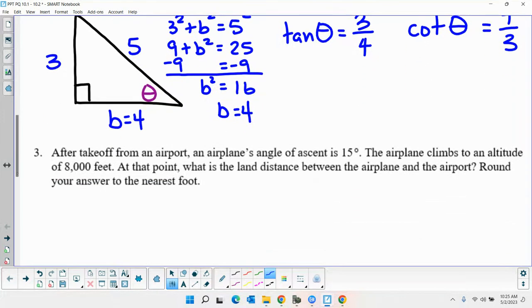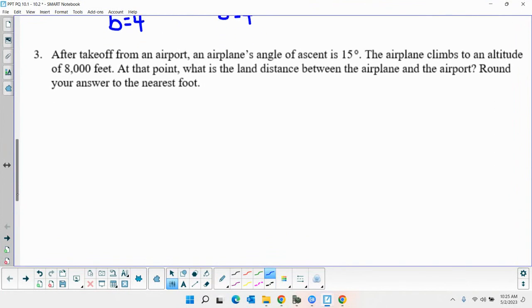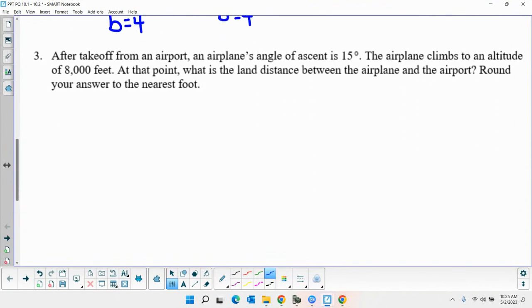After takeoff from an airport, an airplane's angle of ascent is 15 degrees. The airplane climbs to an altitude of 8,000 feet. At that point, what is the land distance between the airplane and the airport? Okay. So my plane starts here at the airport, and then it starts going up, right? Here's the ground.